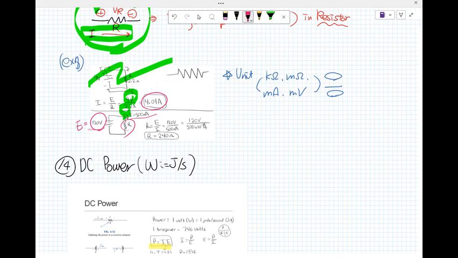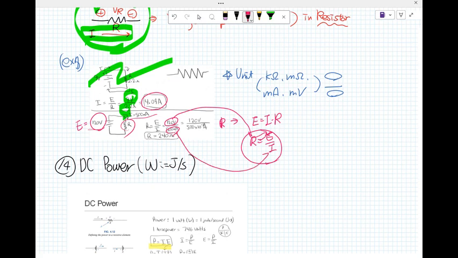So the circuit, 120 volts and 220 ohm, that was 4.09 amp, okay? And 120 volts divided by R is I, but I was given and E was given. We are looking for R. How? Ohm's law, E is I times R, so R is E over I, right? E is 120, I is 500 milliamp. That was 120 volts divided by 500 times 10 to the minus 3. Finally, 240 ohm.